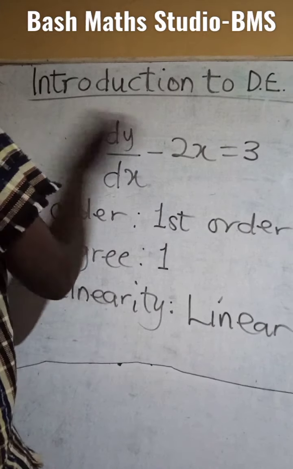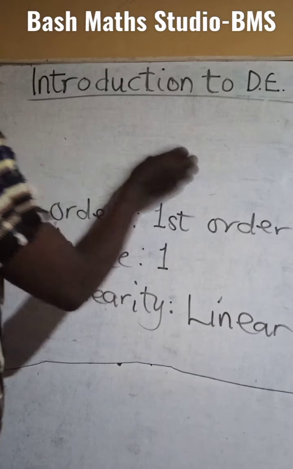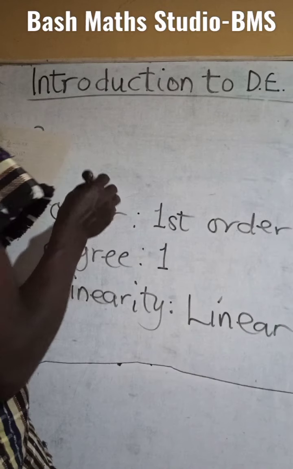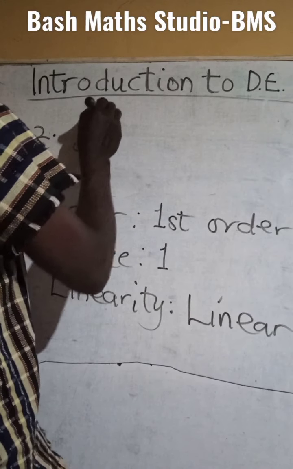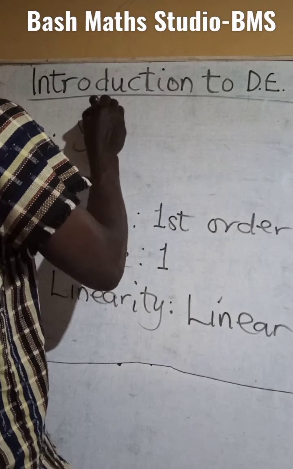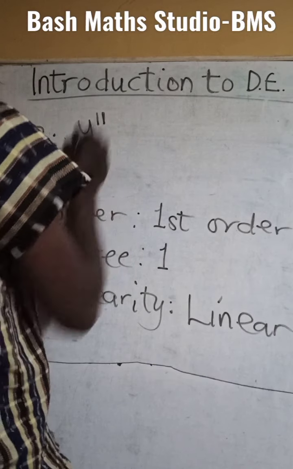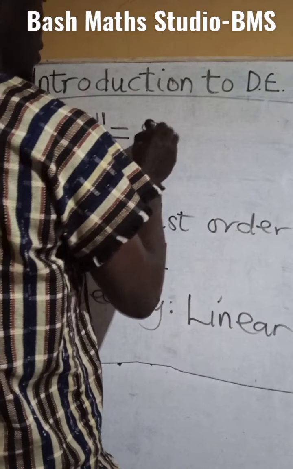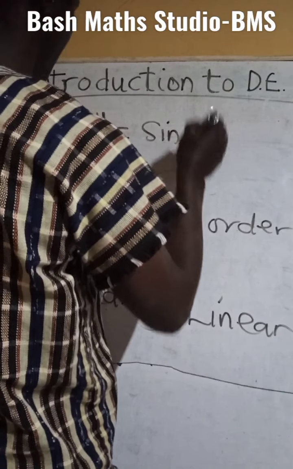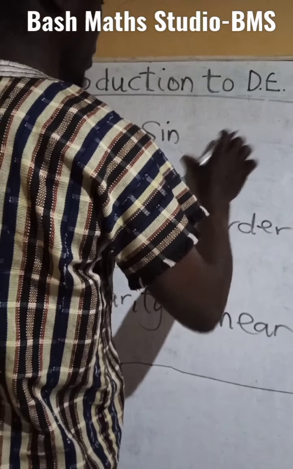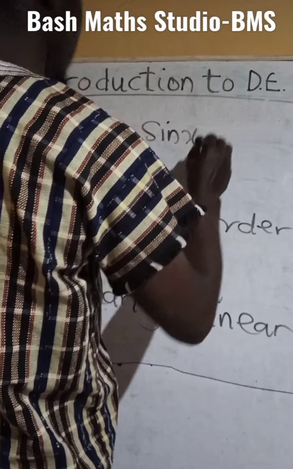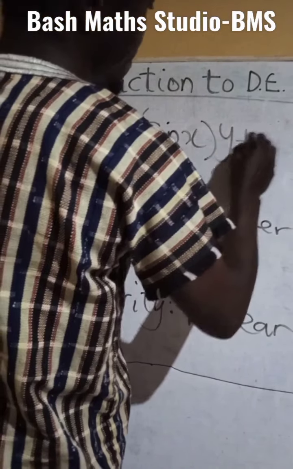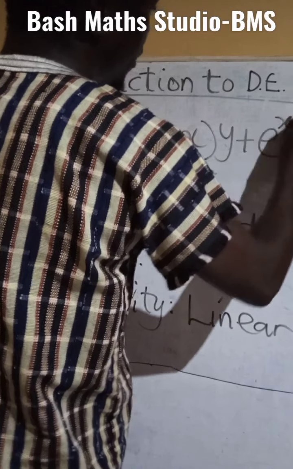The second equation we can get is y prime prime equals sine x times y plus e exponent x.